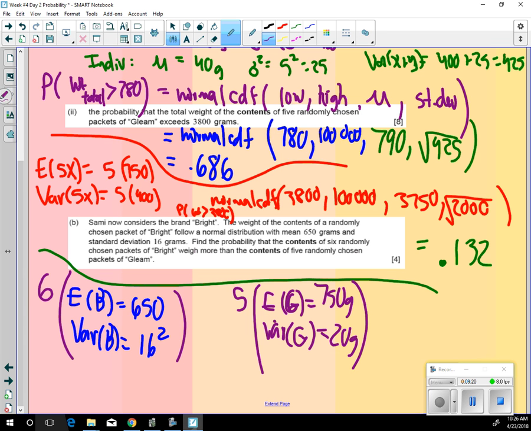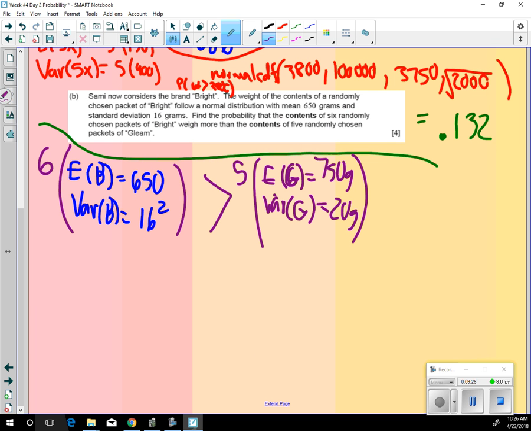Find the probability that the contents of 6 of these weigh more than 5 of those. That's interesting. So find the probability that the contents of 6 of them weigh more than the contents of 5. So what I would do is I would say 6 times the expected value of the Bright minus 5 times the expected value of the Gleam has to be greater than what?